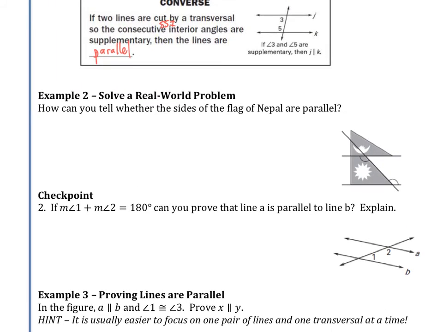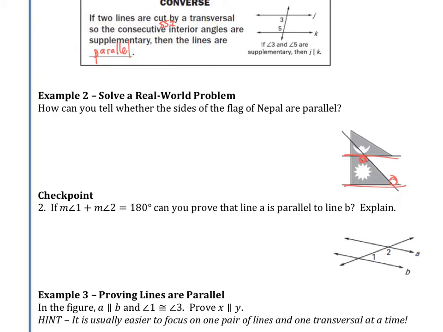So example 2 is a real world problem. It says, how can you tell whether the sides of the flag of Nepal are parallel? Well, if these lines are parallel, what do you know about these special angles? In order for those lines to be parallel, those angles are alternate interior angles.